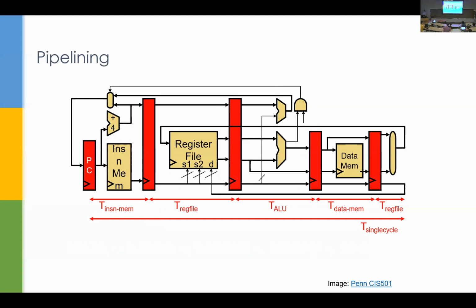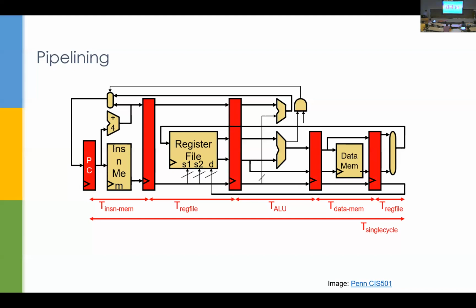You can divide up the ALU so the compute is happening in another cycle, and the data memory and the output are happening in other cycles. So what we've done here is essentially significantly reduce the clock period, but increase how many instructions can run at the same time.